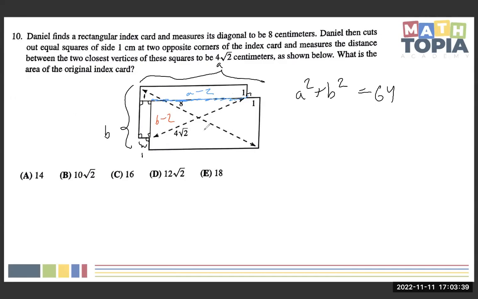So disregarding those edges, what that tells us, by the Pythagorean theorem, is that (A minus 2) squared plus (B minus 2) squared is equal to (4√2) squared, which is 32.